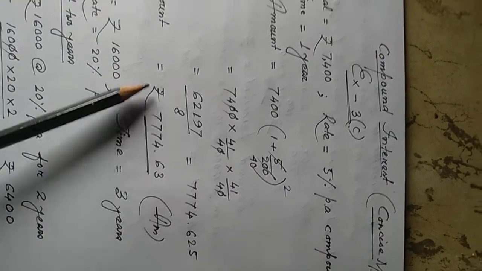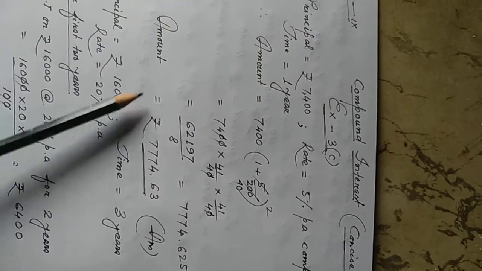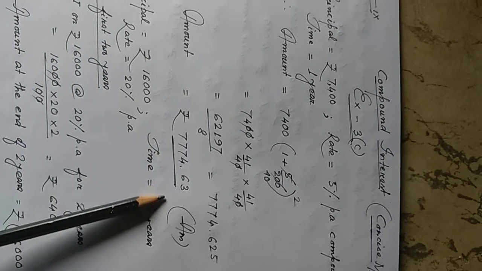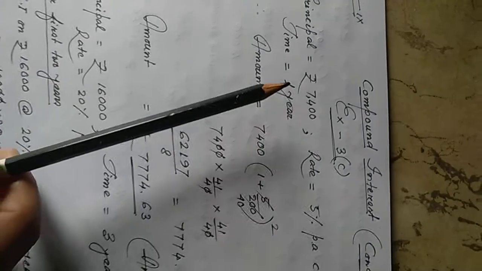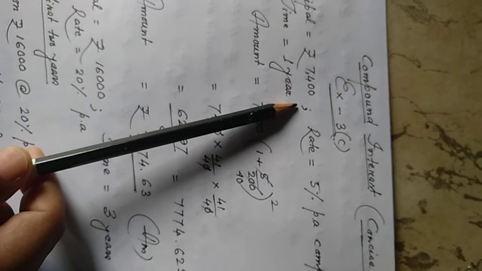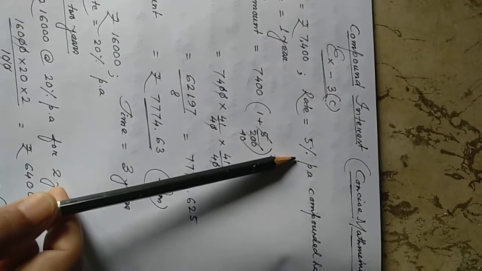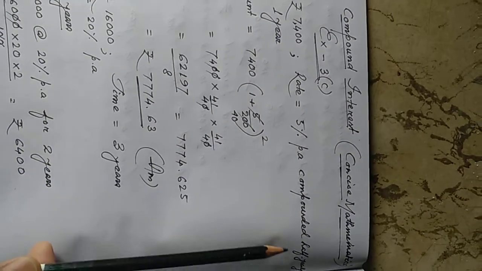So this will be the amount at the end of 1 year on rupees 7,400 at the rate of 5% per annum, compounded half yearly.